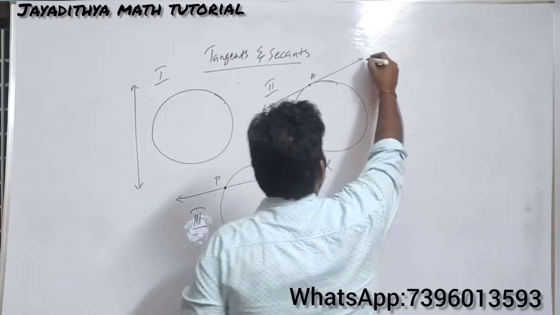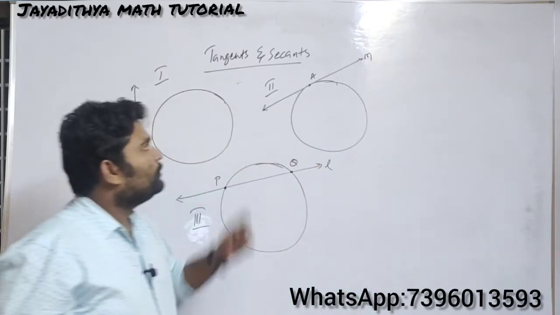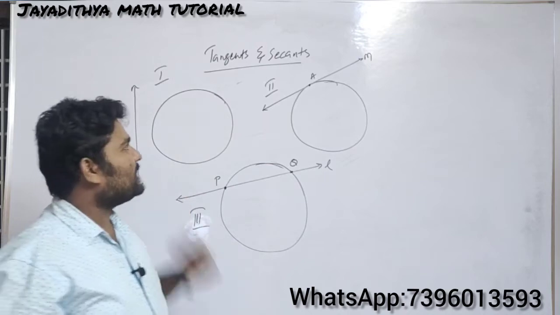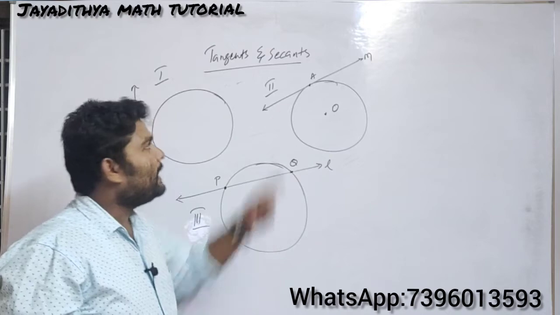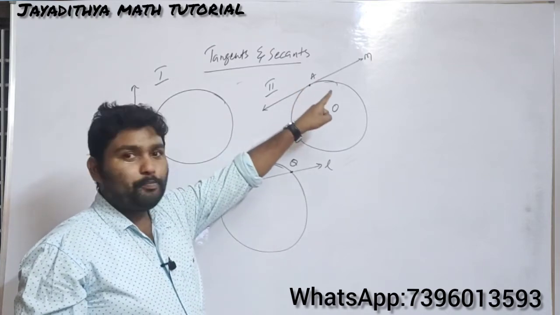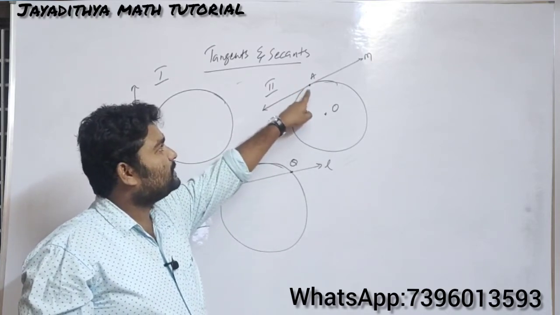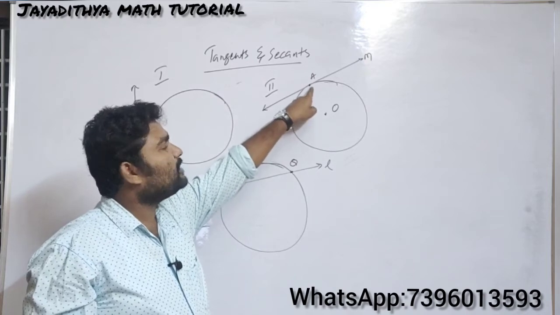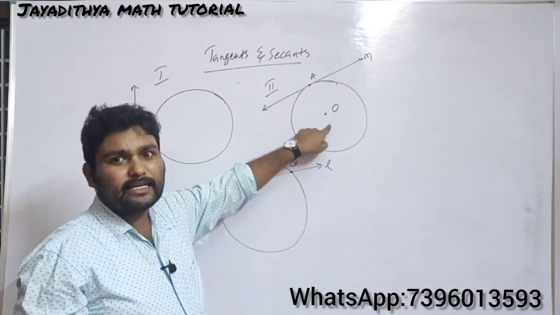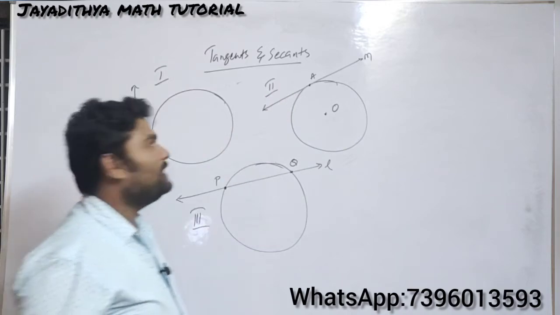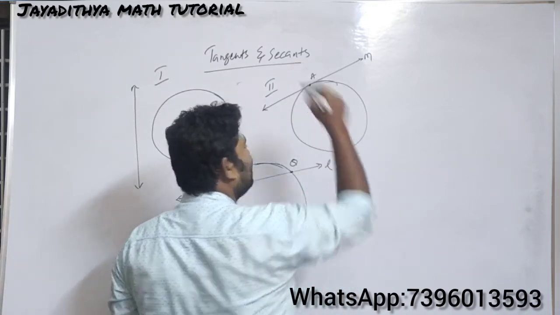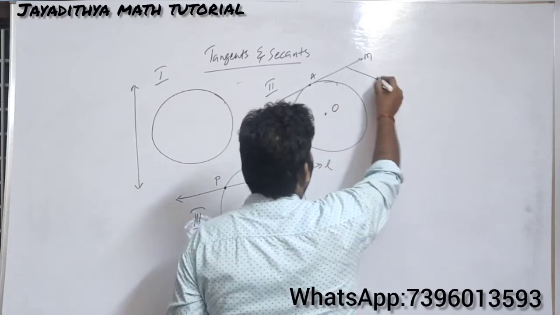If you observe, let us take this line as M. M is the line which is touching the circle with center O at point A. The line which touches the circle at only one point is known as a tangent.